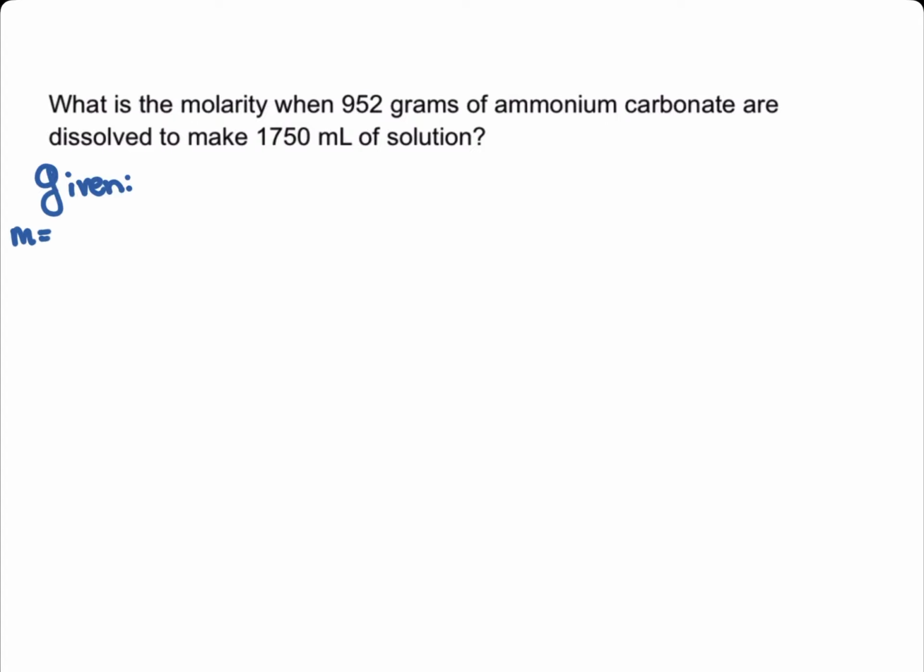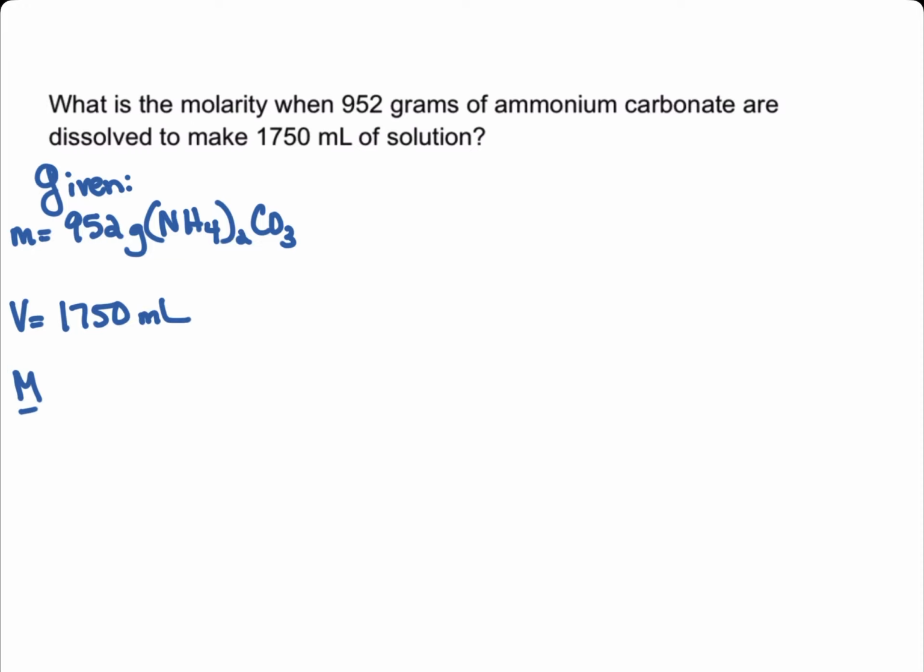Okay, now that I know what my formula is, I can go ahead and start off with my given table. They've given me the mass, they've given me the volume, and they're asking me to solve for molarity. Now, molarity is moles over liters. They've given me the grams of ammonium carbonate. I can convert grams to moles.